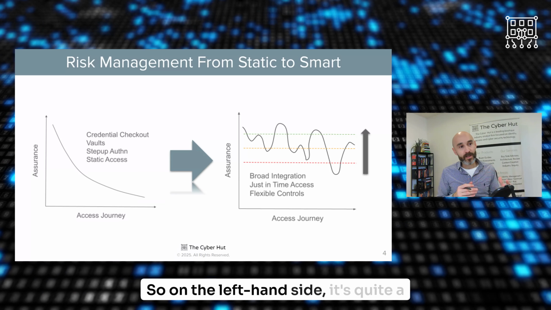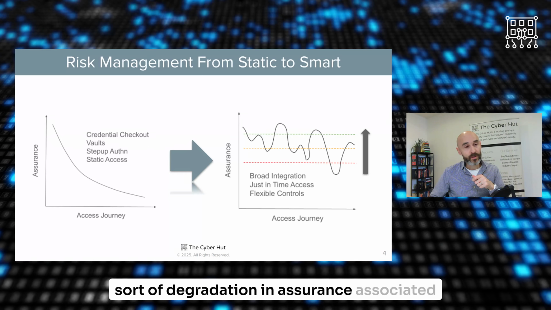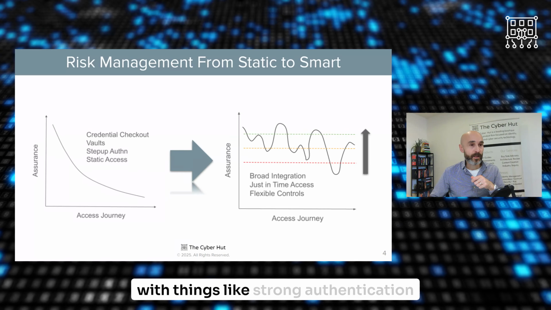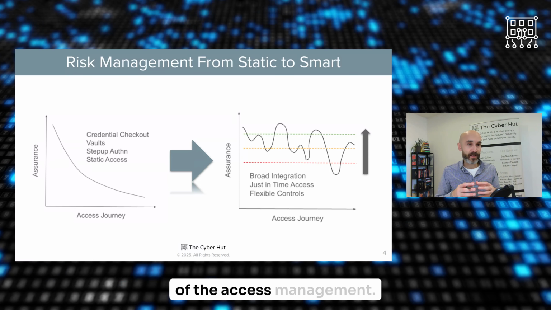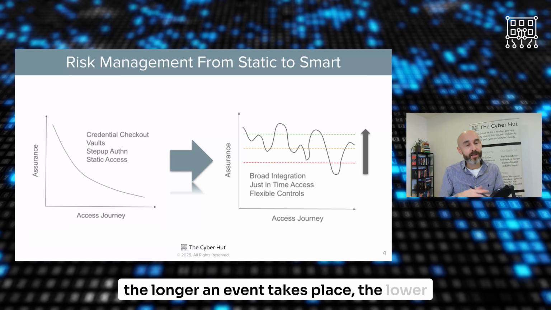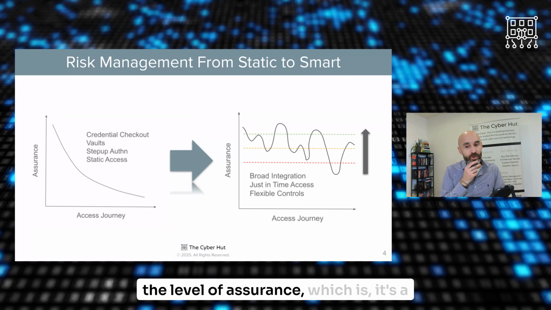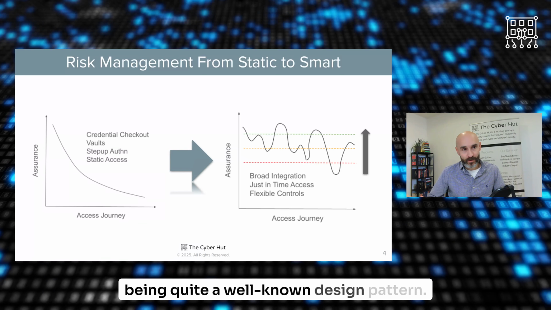And that essentially introduces a whole different approach to how we think about risk. So on the left-hand side, it's quite a well-known phenomenon to have this degradation in assurance associated with things like strong authentication events, checking out of credentials, all of the access management provisioning relationships. Over time, the longer an event takes place, the lower the level of assurance, which is a difficult thing to manage, but it's ended up being quite a well-known design pattern.